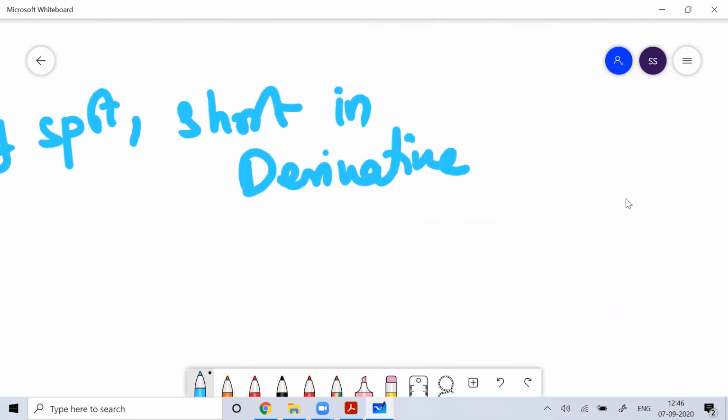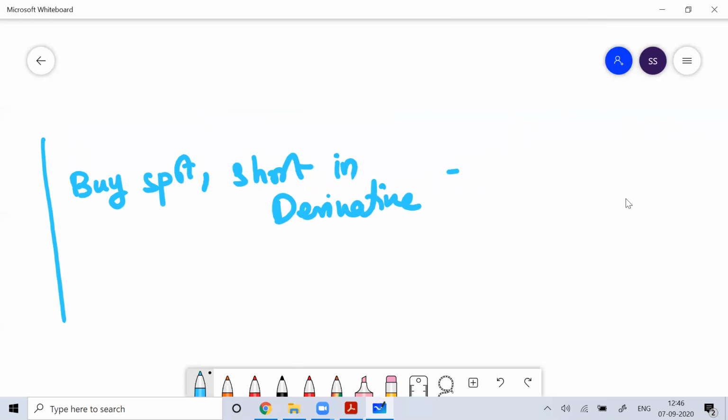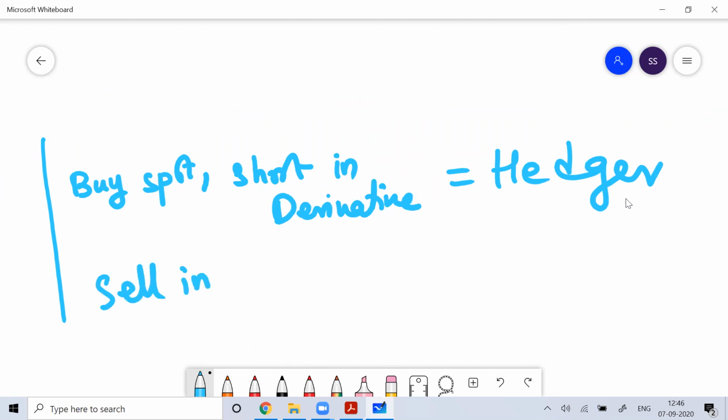If you are acting like a hedger, this is the common strategy you follow. What you can also do is sell in the spot market, and take a long position in derivatives.